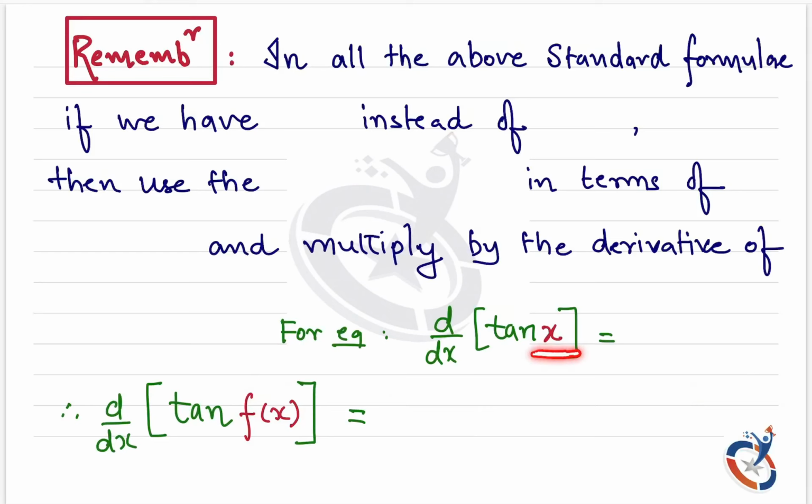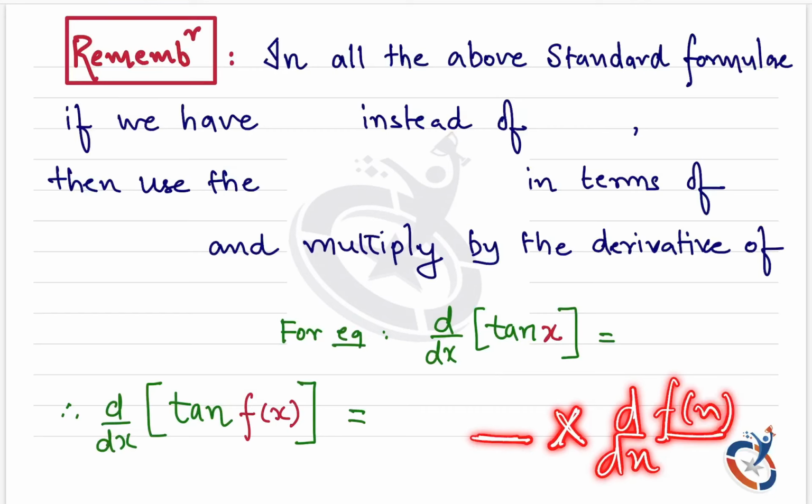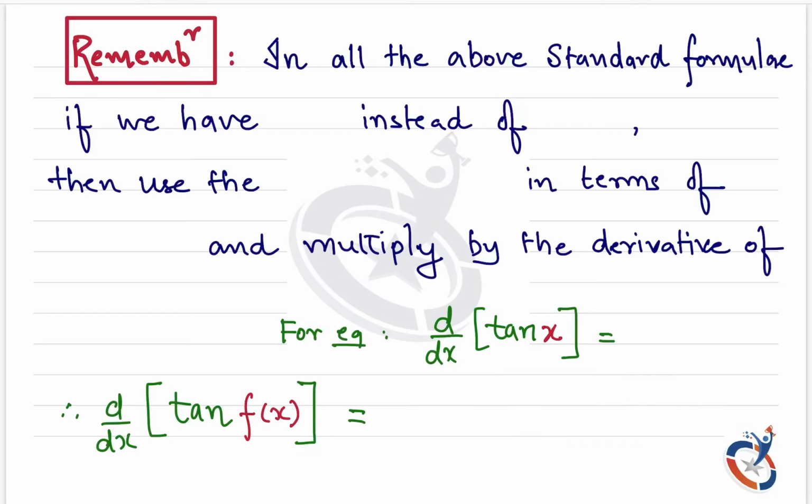See, you have f of x in place of x, so in the answer also, in place of x you have to put f of x and multiply by the derivative of f of x.